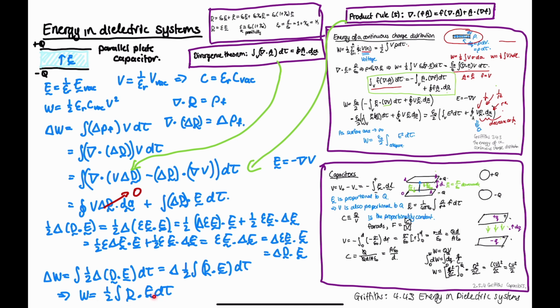But this one here is calculating the work done as we assemble these charges to form this dielectric. So we haven't actually considered in this case placing those bound charges. Those bound charges have rearranged themselves because of the electric field. So they're generating their own polarization.